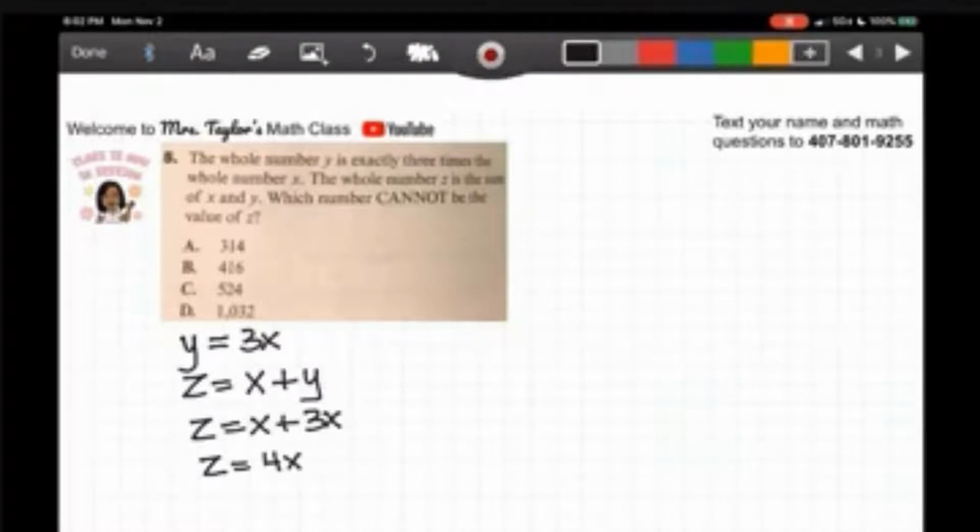So really you're trying to see, well, what can I do with this z in order to get x? So what I could do is rewrite this as x is equal to z over 4, okay? And so that's what these answer choices are. These are different values of x, okay?